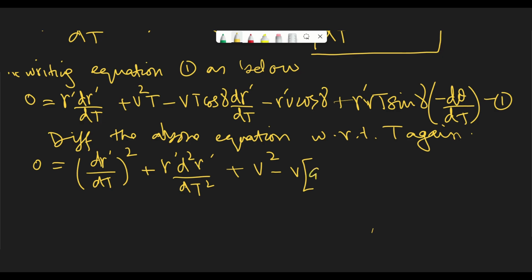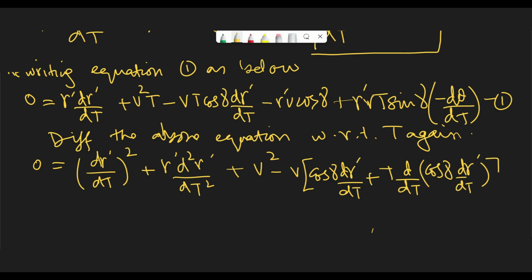Minus V cos gamma dt plus t d by dt cos gamma dR prime over dt.